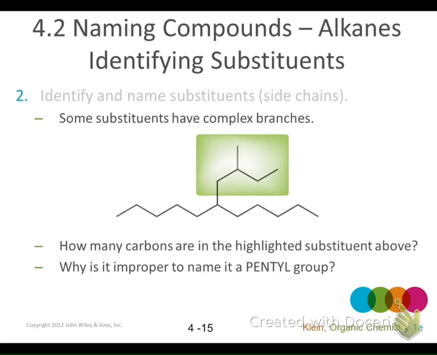What you're going to do is number the parent chain. In this case, it'll be 6, and it's an undecane, right? Because I counted 11. And then this is going to be number 1, 2, 3, 4. We will number it from here.